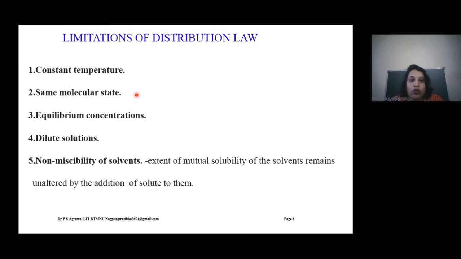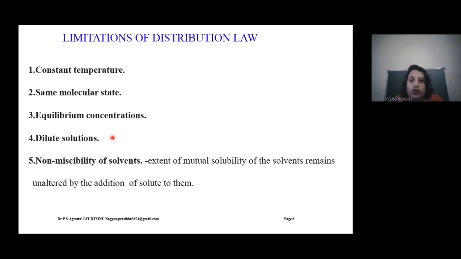The law will not hold good, that means C1 upon C2 will not be constant, if there is association or dissociation of the solute. There should be some modification in that; only C1 upon C2 will not work. Third, equilibrium concentration: the concentrations of the solute are noted after the equilibrium has been established. Then, dilute solution: the concentration of solute in the two solvents should be low.